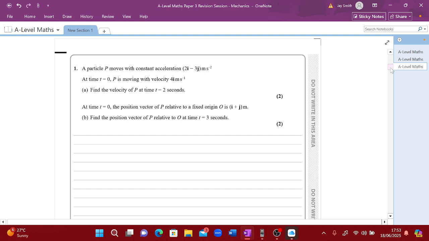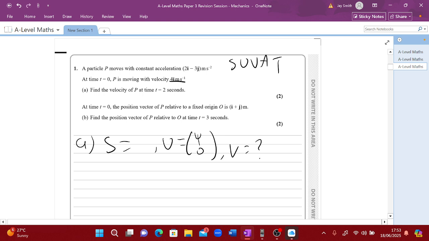So question one: a particle P moves with constant acceleration. If you see constant acceleration, you're going to have to remember SUVAT, right? SUVAT only works with constant acceleration. So at time t equals 0, P is moving with velocity 4i. Find the velocity at time t equals 2. So again, SUVAT: S, we do not know anything about. U, we know initially its velocity is 4i, so it's going to be (4, 0) in column vector form.